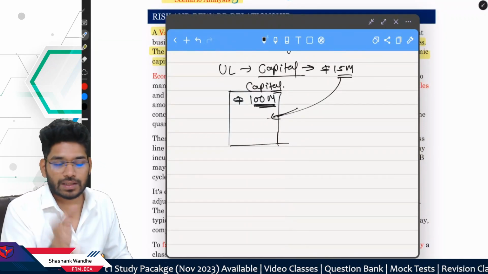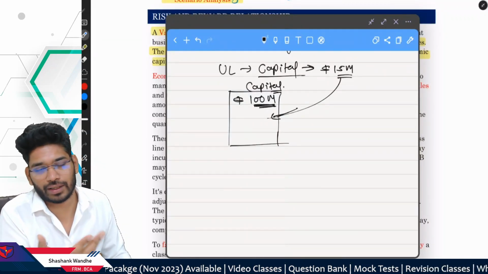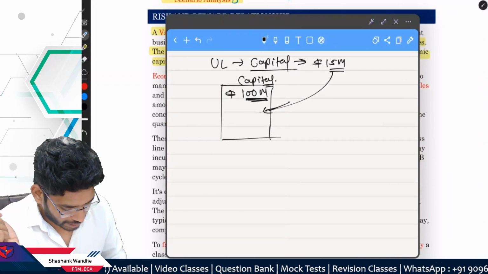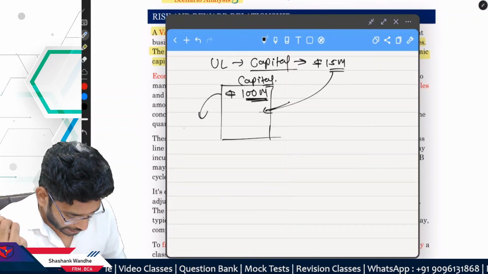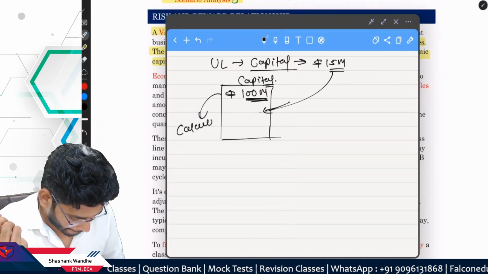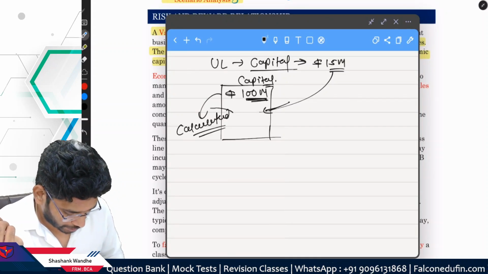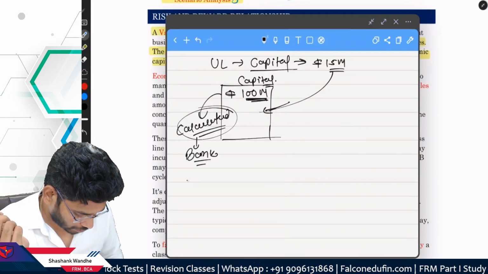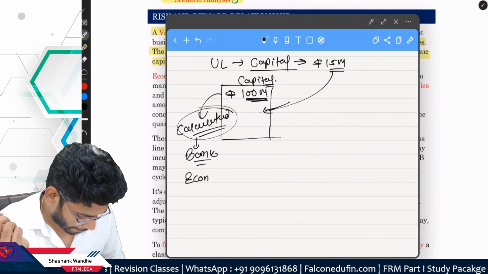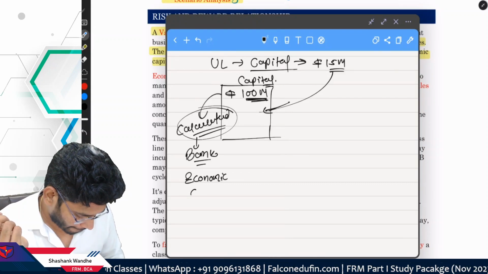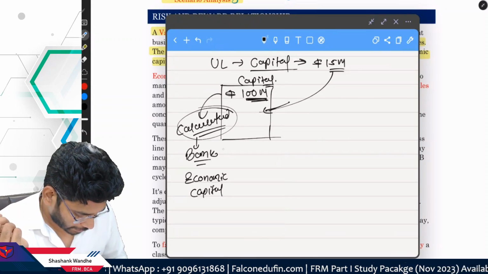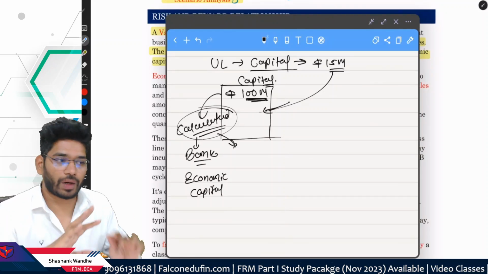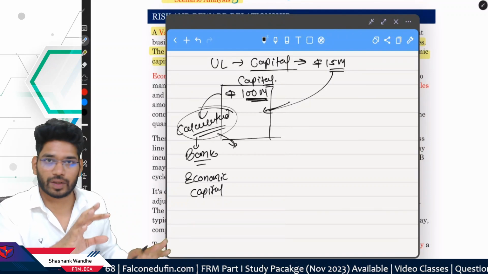Capital means the funds which are in capital. It is very difficult to explain capital, by the way. Now this particular capital, when it is calculated by the bank itself, we call this economic capital. There are also regulations, and regulators say you must maintain this much capital if you are doing this type of business.